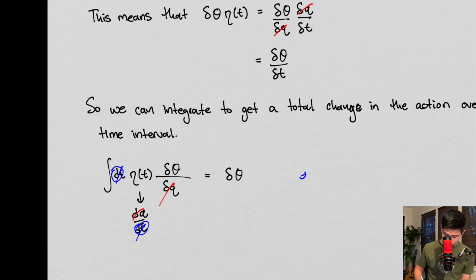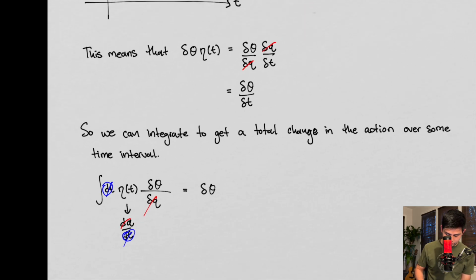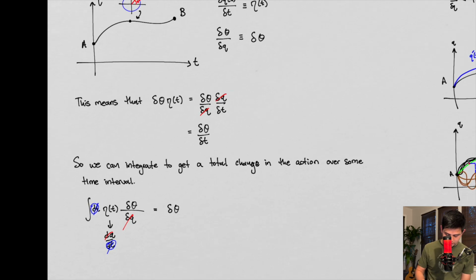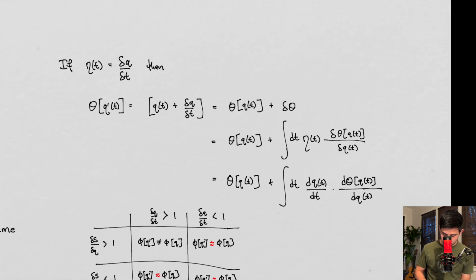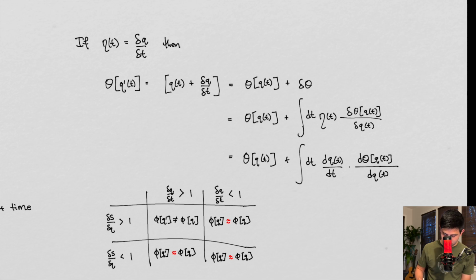That's how we think of this. So this object here, I have right here, we'll see how this works. If eta of t is the change in q with respect to t, then we can write this here. So what is this? This is the angle over some changed q, equals q plus that change.